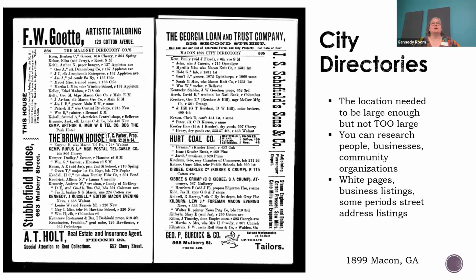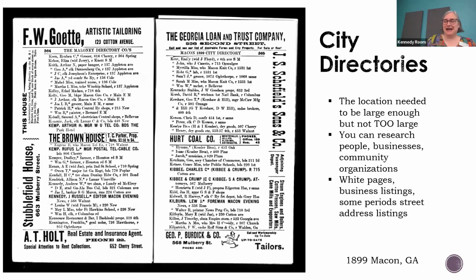Spartanburg, we have our first city directory in 1880, 82, something like that. And it is a combination with Greenville. We have the most complete run of city directories for Spartanburg. Ancestry has a handful. We are getting our collection digitized, and what we have digitized so far is on our historical digital collections.